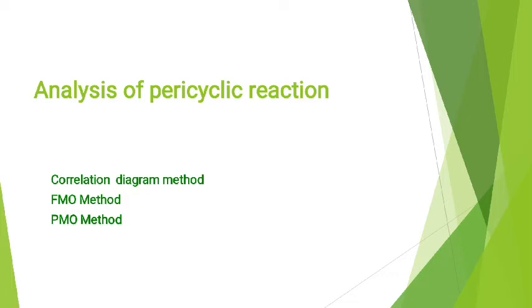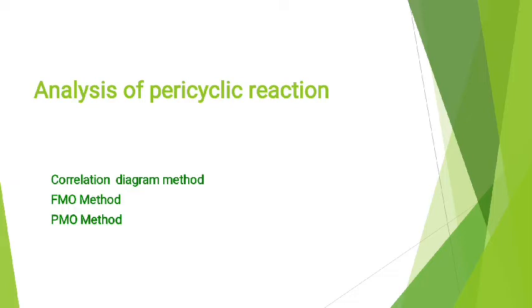To decide the stereochemistry of the product in pericyclic reactions, we have three analysis methods. They are the correlation diagram method, the FMO method and the PMO method.